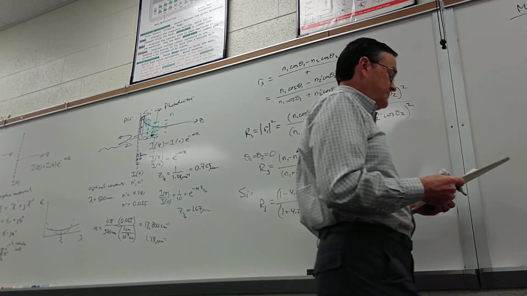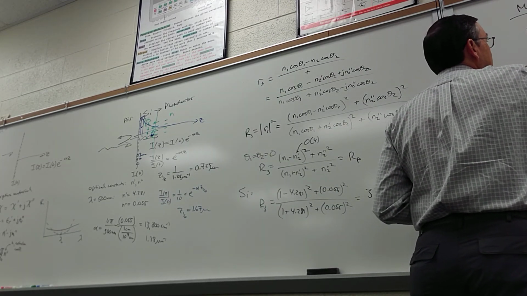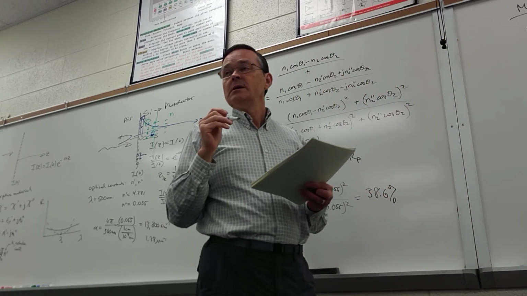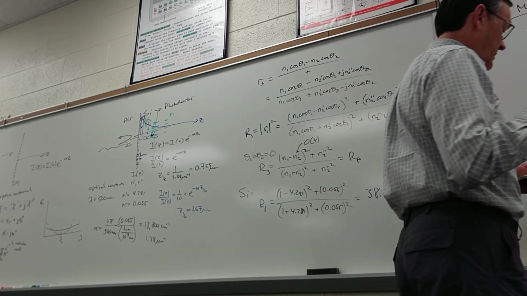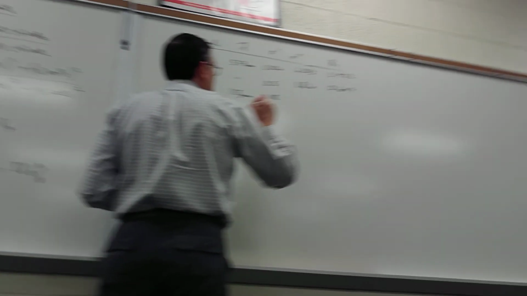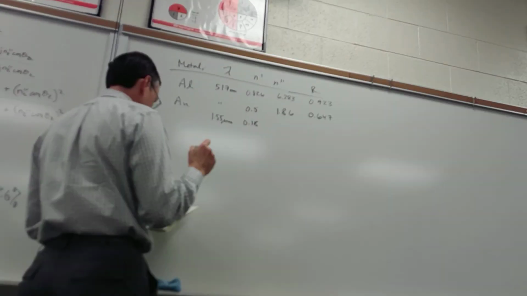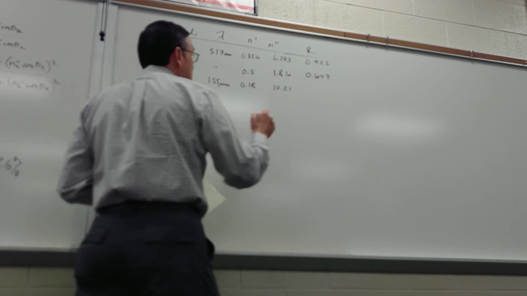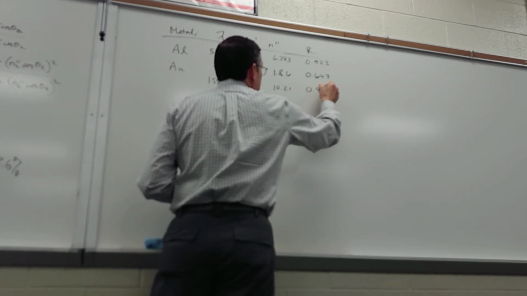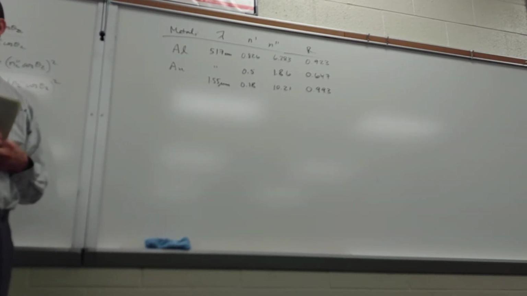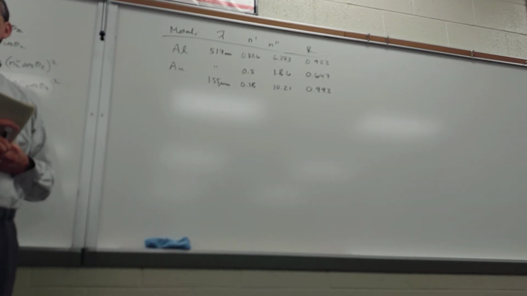If we go to 1.55 microns, which is the telecom long-haul fiber wavelength, the real part of the refractive index is 0.18, it's tiny, and the imaginary part is 10.21, so the reflectance is 0.993. It's awesome. Gold is awesome in the near IR. It's a fantastic reflector.